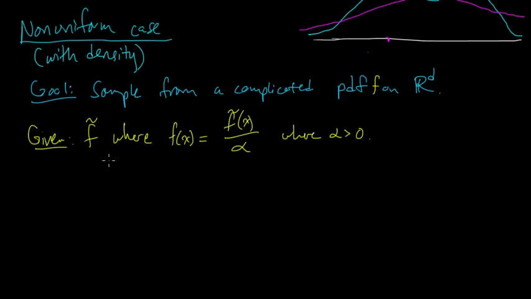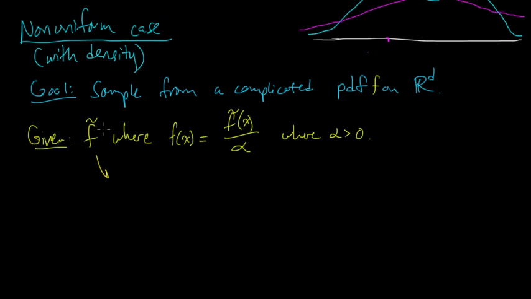And one thing that I should have mentioned here is that mathematically speaking, if we know f tilde, then we know f, because in order to get f, we just need to integrate f tilde over the whole space, over Rd, and that gives us alpha, the constant of proportionality. So mathematically speaking, f tilde gives us f. But computationally, there can be a big difference.